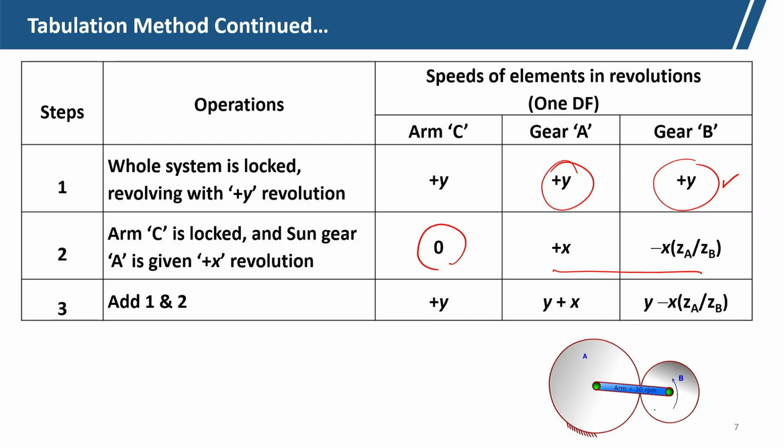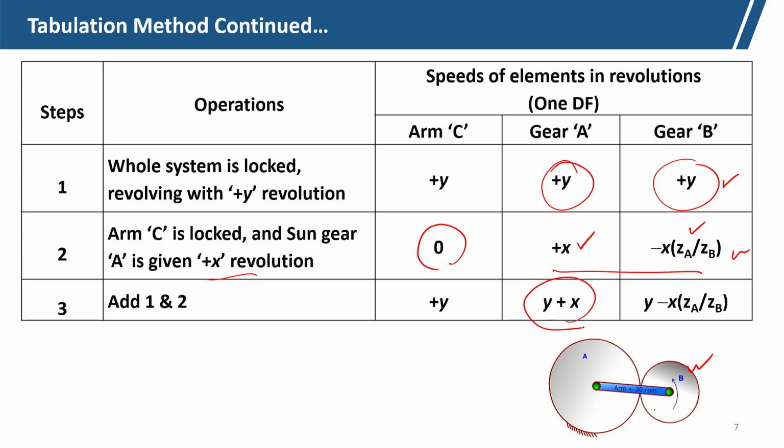So, x is the speed given to the sun gear A, and B will rotate in the negative direction, minus x times Z A by Z B, and then we add plus y.